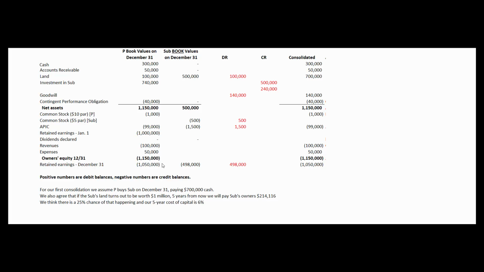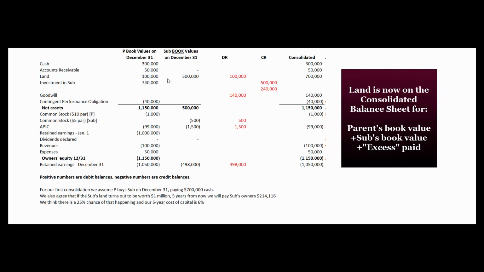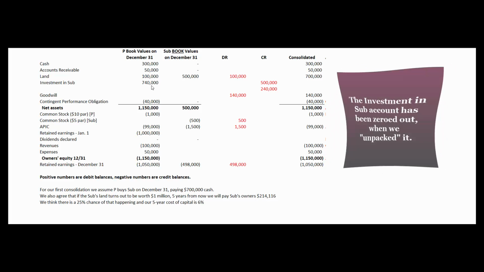What's the rest of the balance sheet look like? Well, to complete the balance sheet, all we have to do is add across. The cash has a balance of $300,000, accounts receivable $50,000. Land is now on our books for a total of $700,000. That's the parent's book value plus the sub's book value plus the excess that got allocated when we bought the sub. The investment in sub has been zeroed out.